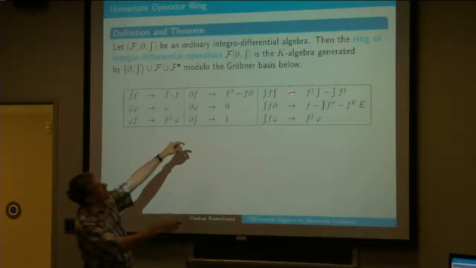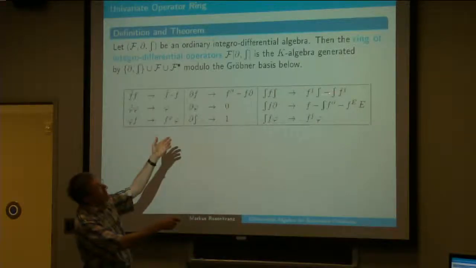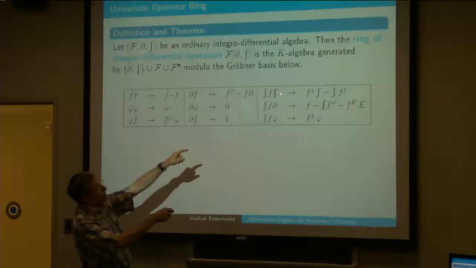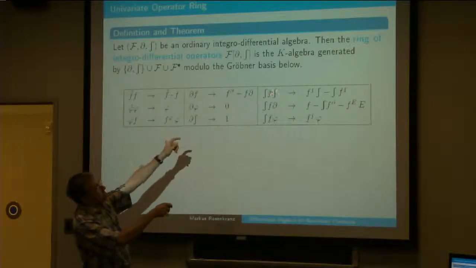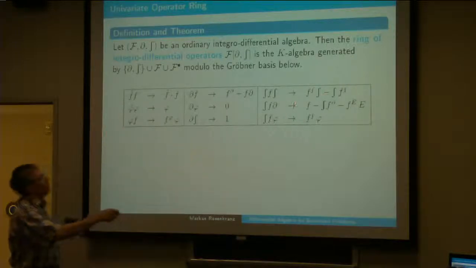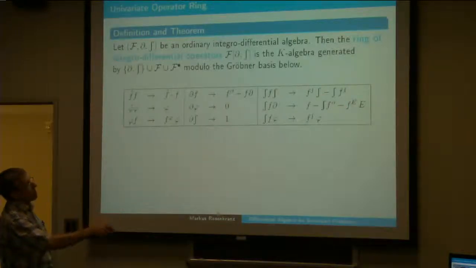And this here is just the Rota-Baxter axiom written as a rewrite rule now. Okay? So you have to imagine that this acts on another function g. So you have here integral of parenthesis open, f times the integral of g, parenthesis closed, is equal to that. That is here the differential Rota-Baxter axiom.